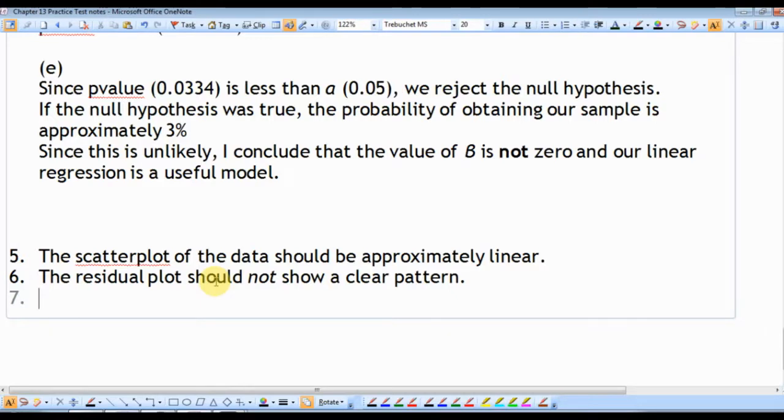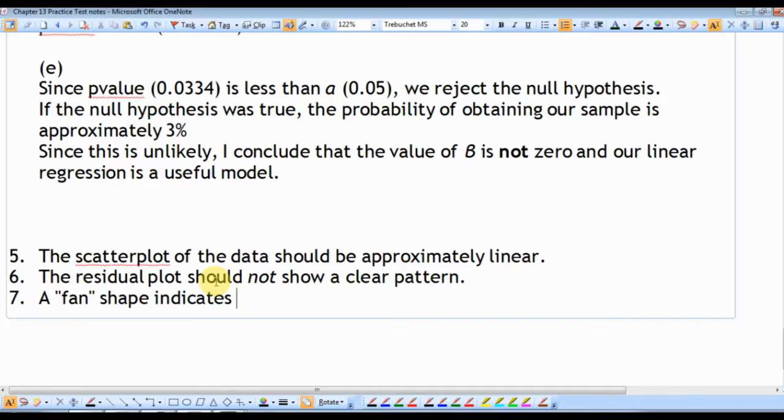What does a fan shape indicate? Okay, a fan shape, well, basically that means that the linear relationship is stronger for one part of the data than the other part of the data.